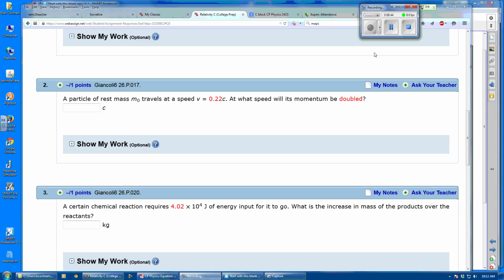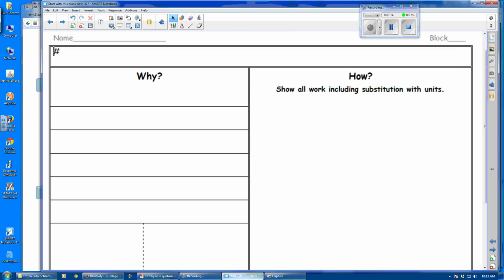All right, so let's look at number 2. You have a particle, and you're asked when its momentum doubles, if it had been traveling at 0.22 c. The why for this is going to be absolutely identical to last time. So, reference number 1.